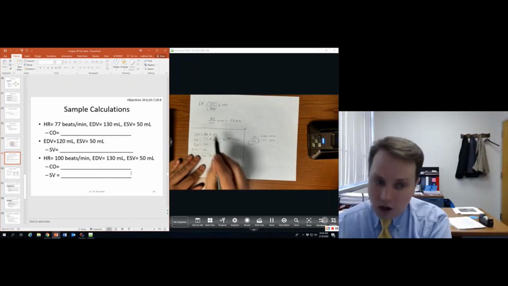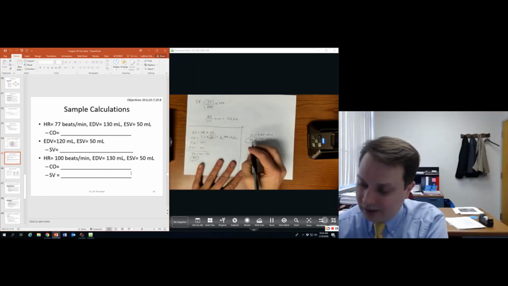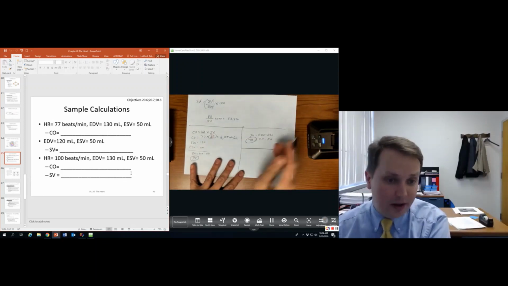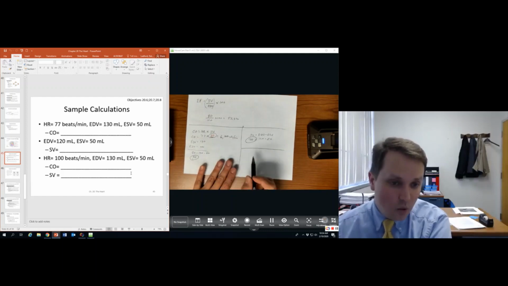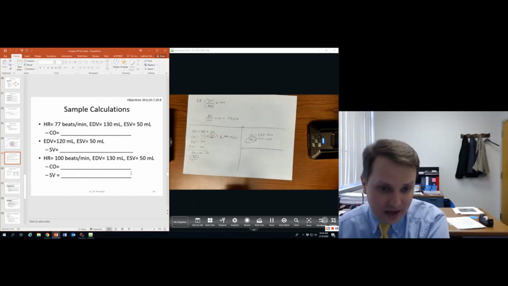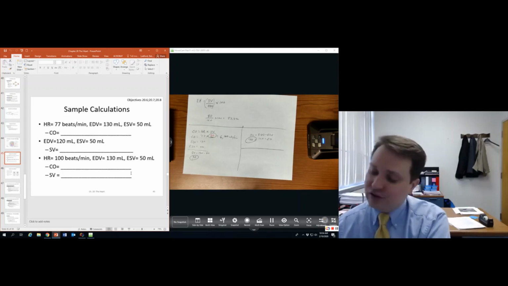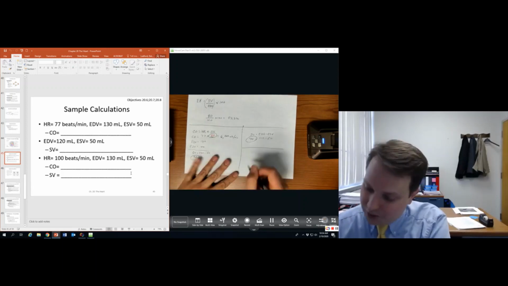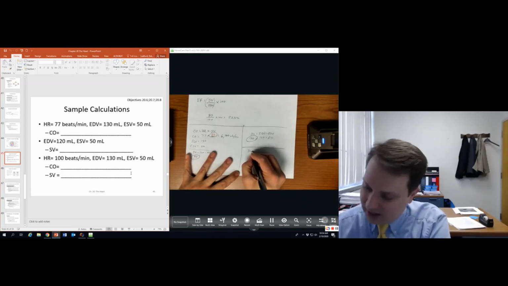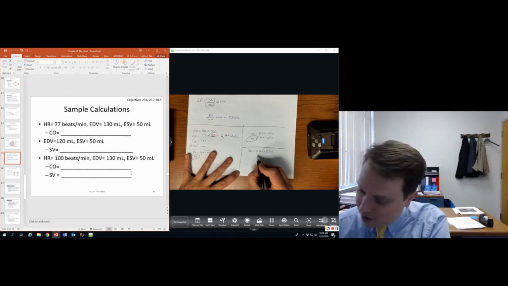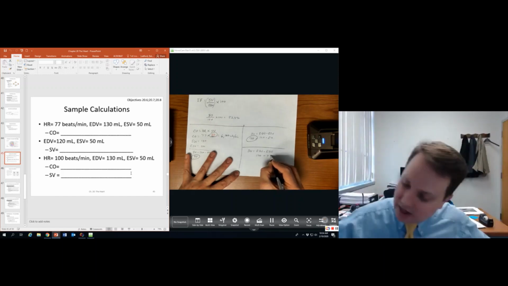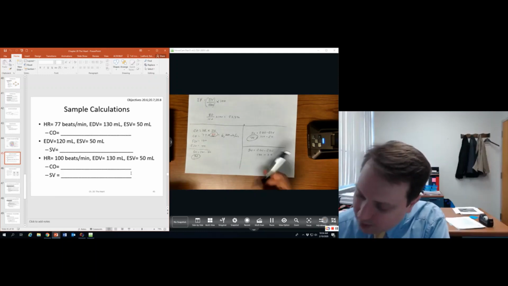Heart rate here is 100 beats per minute. EDV is 130. ESV is 50. So we know we need to get stroke volume first. We know that stroke volume is EDV minus ESV. And EDV here is 130 minus 50. So again, this is your normal stroke volume of 80.